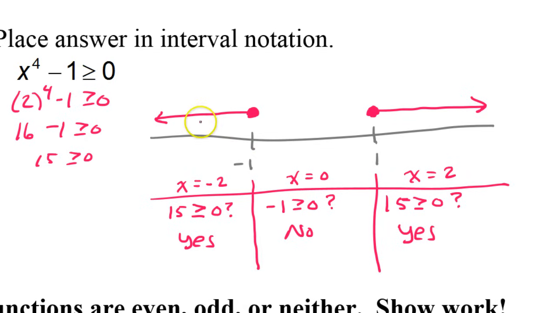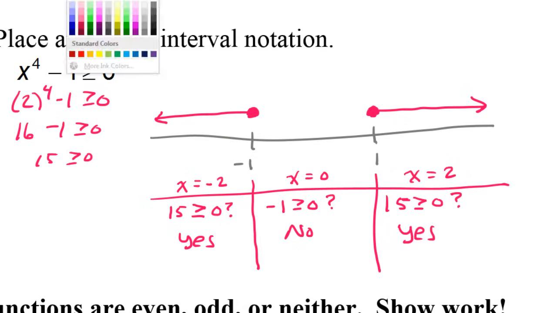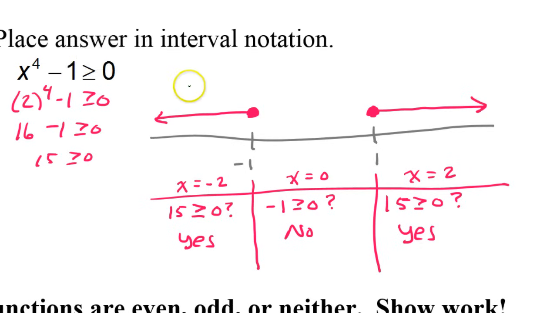So this is a graph of my solution set. In interval notation, what I have is -infinity to -1. This will get a nice square bracket. Infinities are always round parentheses.